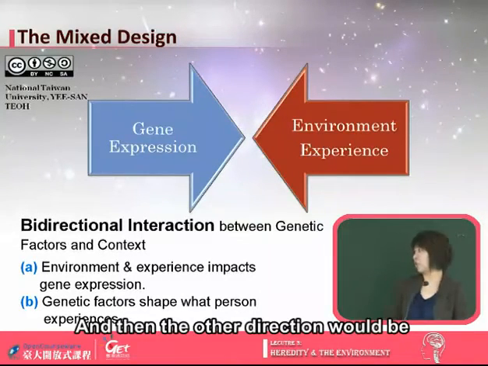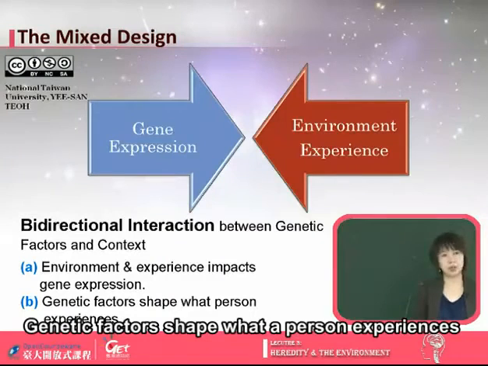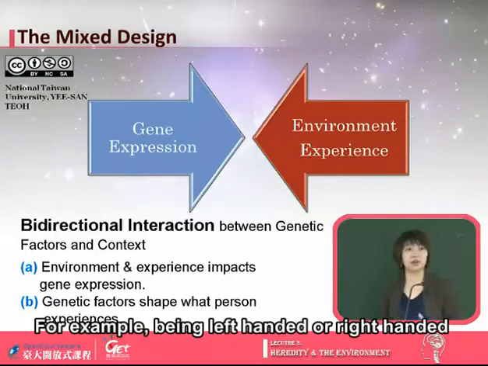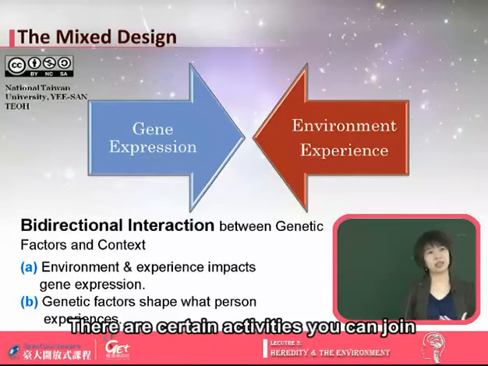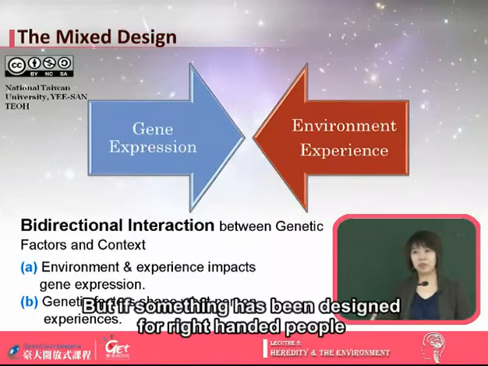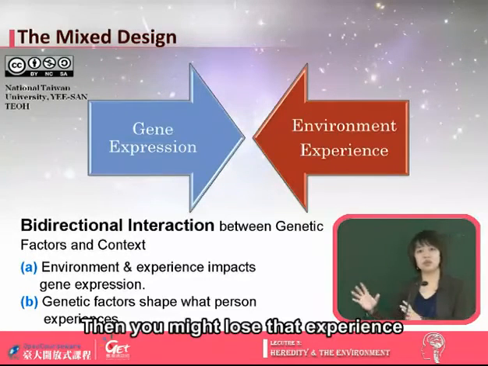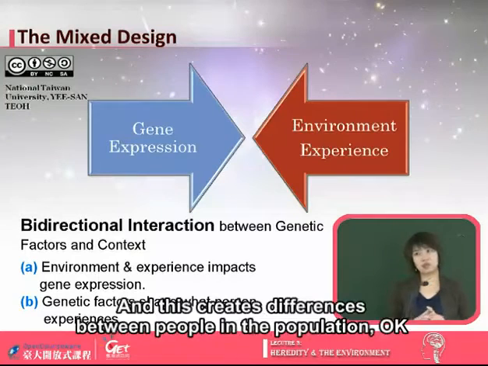And then the other direction would be genetic factors shape what a person experiences. For example, being left-handed or right-handed, there are certain things you can do, certain activities you can join. But if something has been designed for right-handed people, then you might lose that experience. And this creates differences between people in a population.